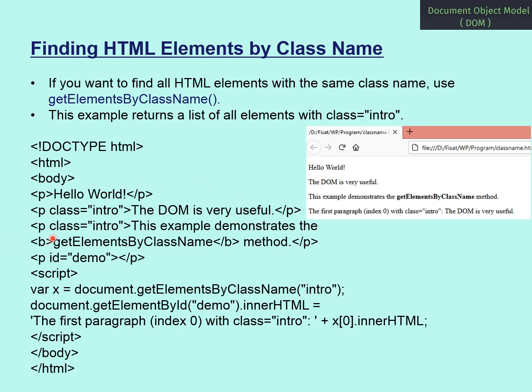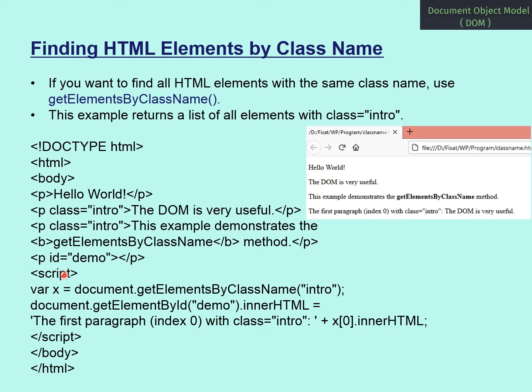Then the third paragraph class is equal to intro. The third paragraph class is also mentioned as intro. This example demonstrates the get elements by class name method. Then the third paragraph is closed. Fourth paragraph p id equal to demo, then it is closed. Nothing is specified as text in the fourth paragraph.